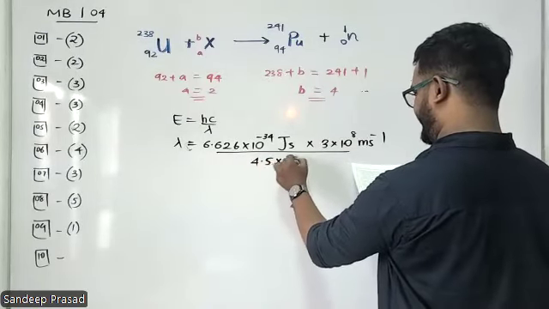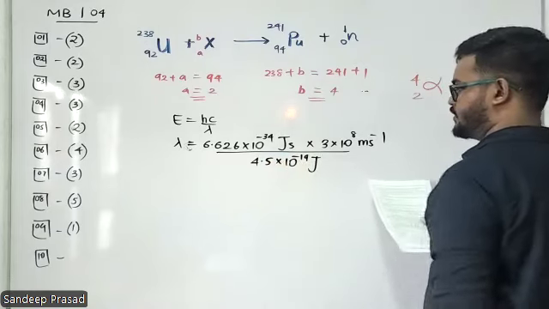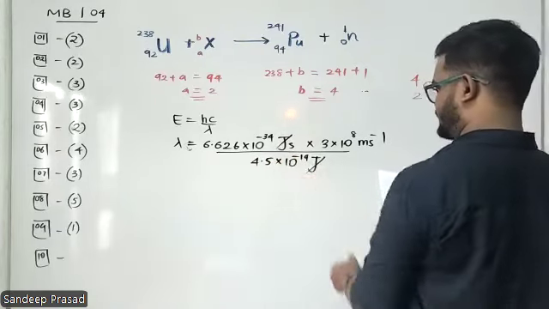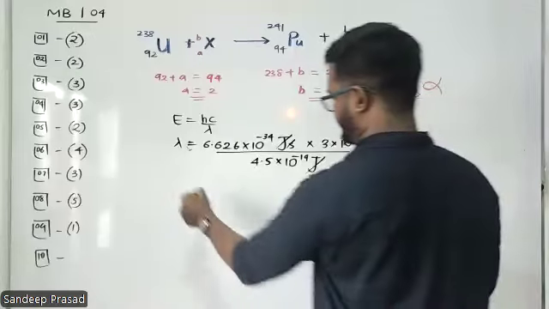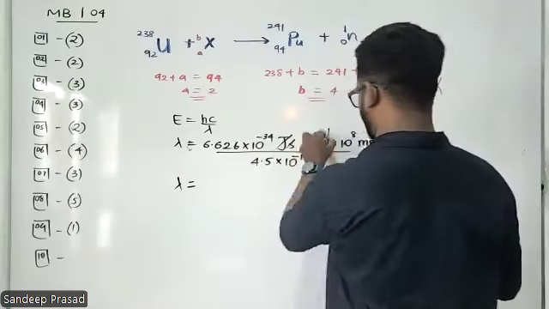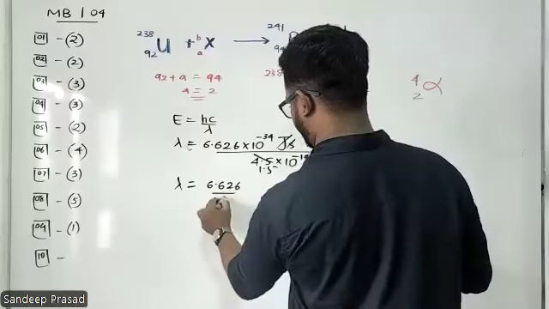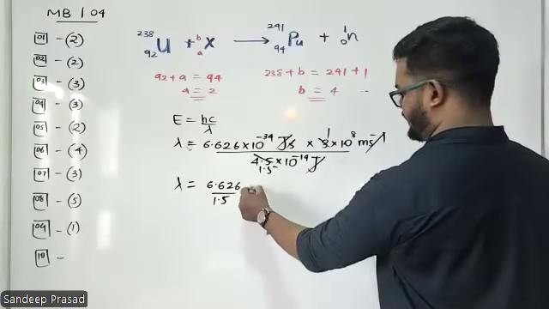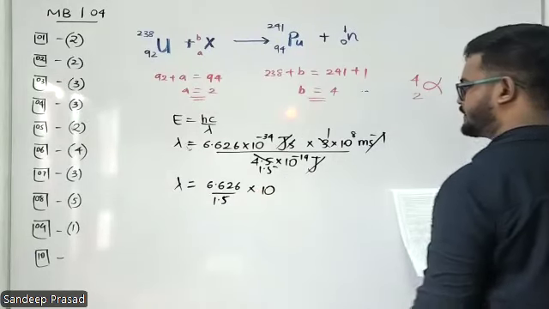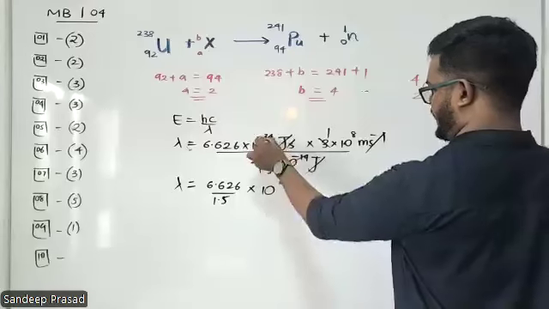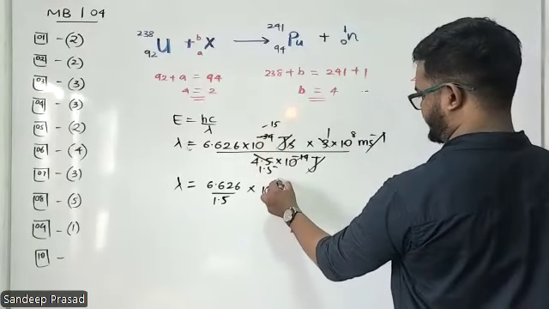4.5 × 10 to the power minus 19 joules. Joules will cancel off. Second per second will cancel off. Lambda equal 6.626 divided by 1.5, 10 to the power minus 15 minus 7 meters.